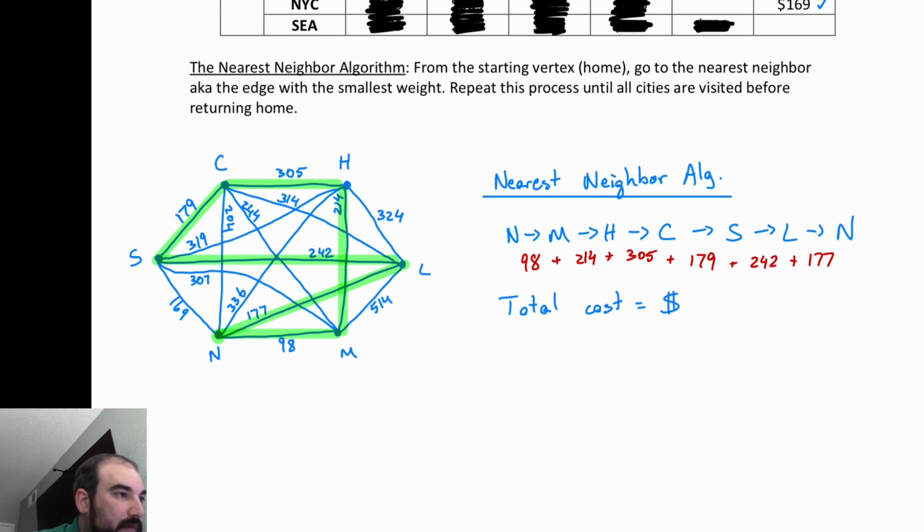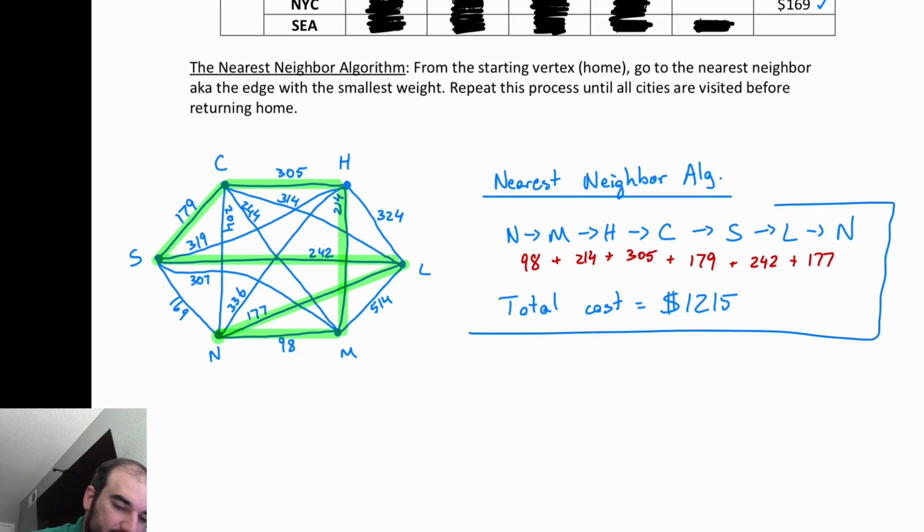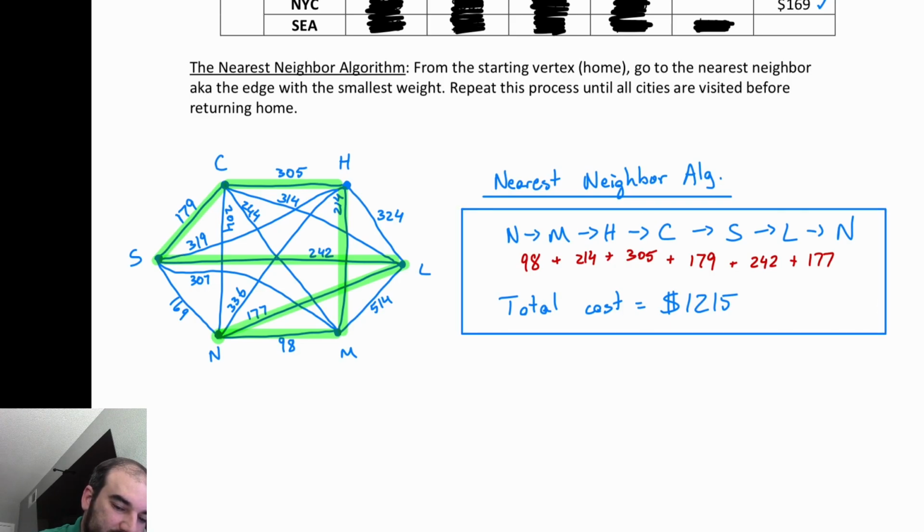So go ahead and add those up. 98 plus 214 plus 305, 179, 242, 177 gives us 1215. So this would be what the nearest neighbor algorithm produces.